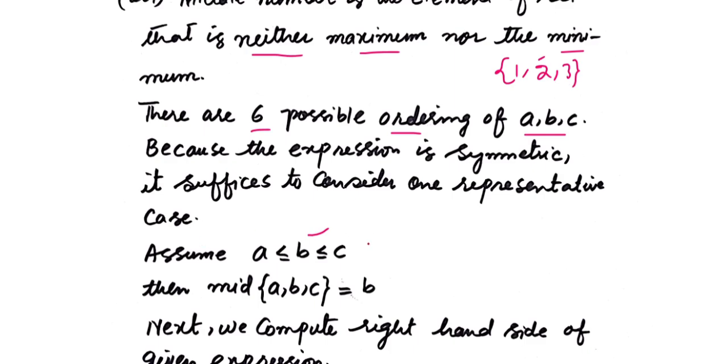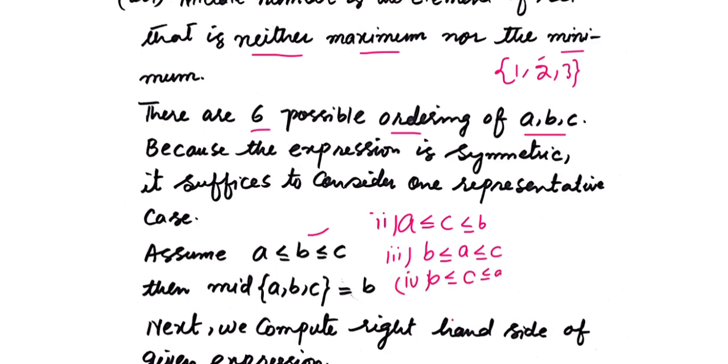This is the first case: A less than or equal to B, B less than or equal to C. The second case will be A less than or equal to C, C less than or equal to B. Third case, B is less than or equal to A and A is less than or equal to C. For the fourth case, B is less than or equal to C, C less than or equal to A. Similarly, you can consider the remaining two cases also.